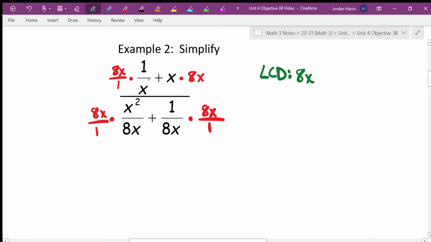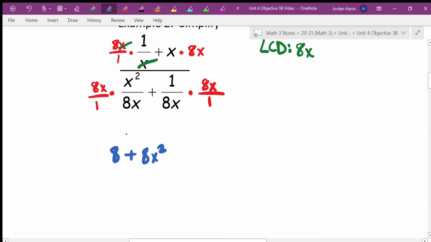Okay, so this first one, the x's simplify, because I have 1 on top, 1 on bottom, so I'm left with just 8. This one, nothing simplifies, so 8x squared. X times 8x is 8x squared. Nothing simplifies because there's nothing on the bottom. Don't mess that up. Then it's 8x and 8x completely simplify, so I'm left with x squared.